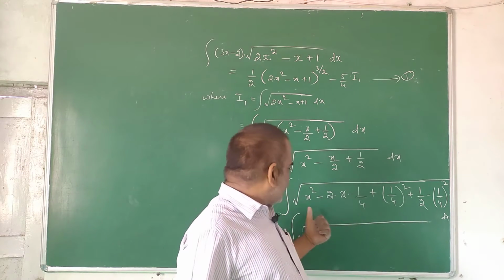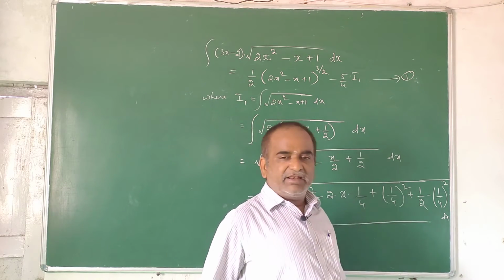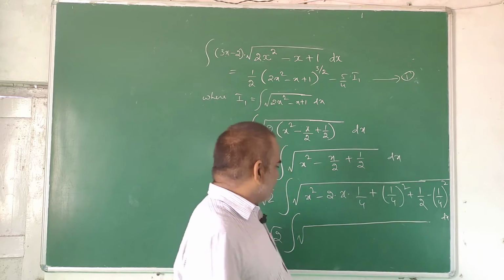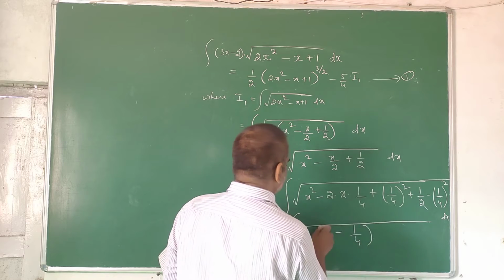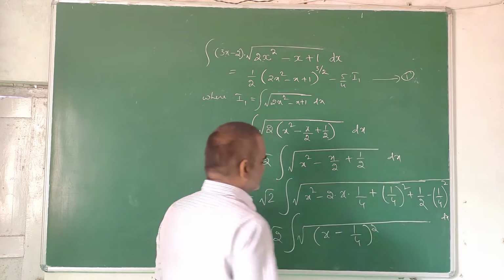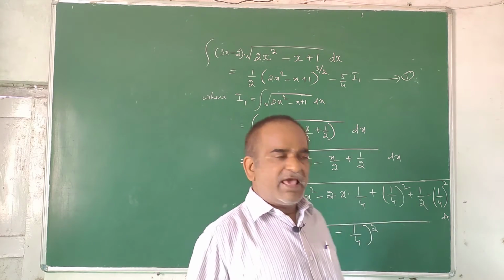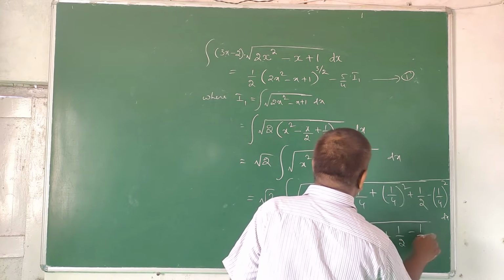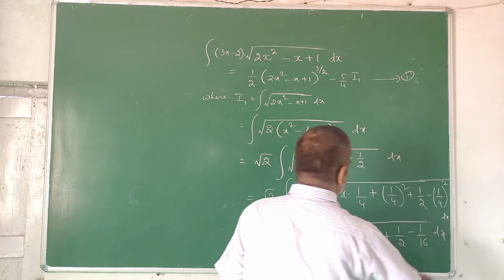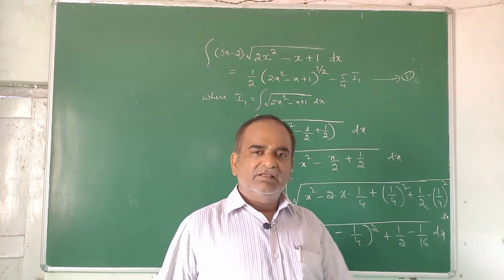Now this is a square minus 2ab plus b square, which is a minus b whole square. So which is x minus 1 by 4 whole square plus 1 by 2 minus 1 by 16 dx.